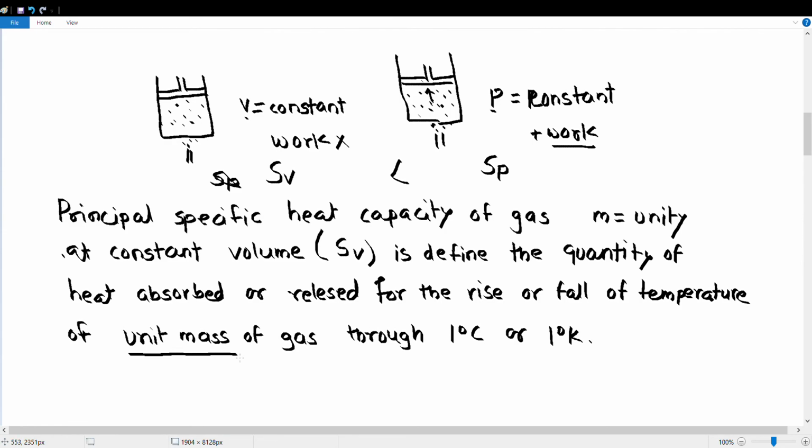Here, for unit mass, we say that it is the principal specific heat capacity of that gas.